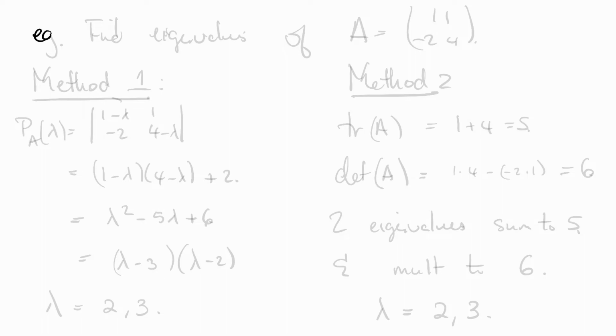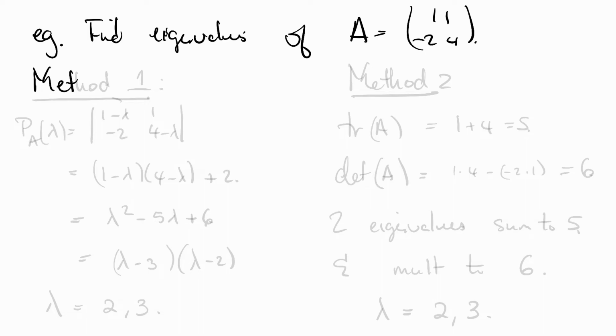Example. We want to know what are the eigenvalues of A equals 1, 1, negative 2, 4. All right, we can do method 1, which we learnt previously.